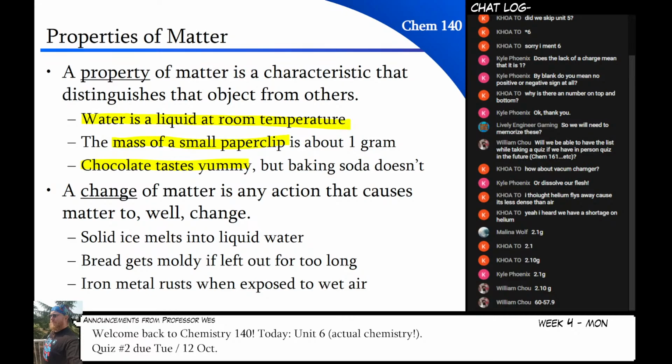If you leave it out on the counter, it gets moldy much more quickly. If you have something made of iron or steel, and you scratch it, then eventually, as water interacts with it, it causes corrosion and rust. These are all changes that are very, very difficult to reverse. And as a result of that, we're going to categorize them as something different than just, oh, I looked at it, it's purple, which doesn't change the identity of the substance at all.